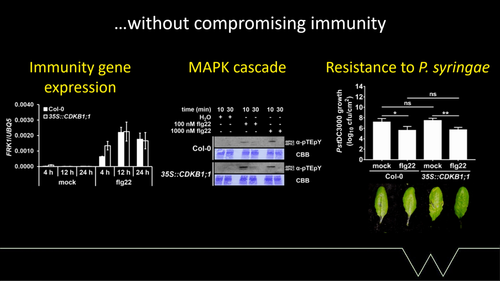And we also see that the FLAG22-induced resistance to Pseudomonas syringae is also intact in the overexpressing lines. So if you treat wild-type plants with FLAG22 and then infect with Pseudomonas, they are less infected than without being pre-treated with FLAG22, and we see that same effect in CDKB1;1.